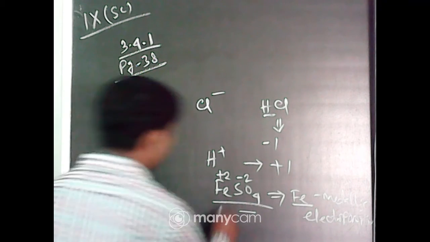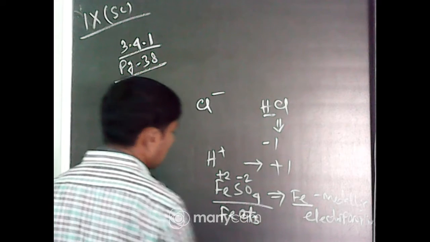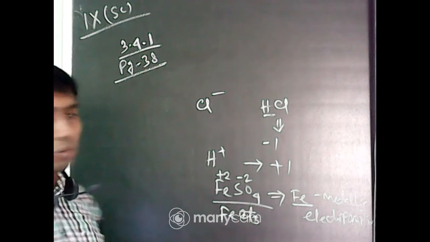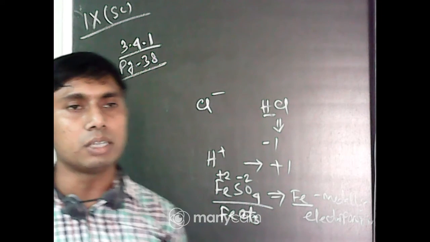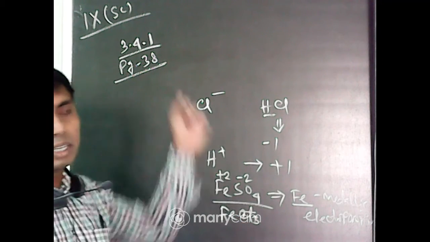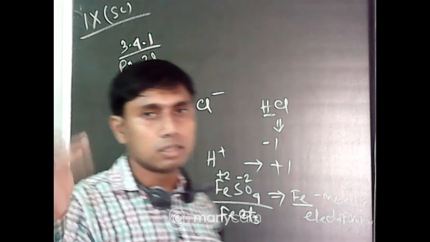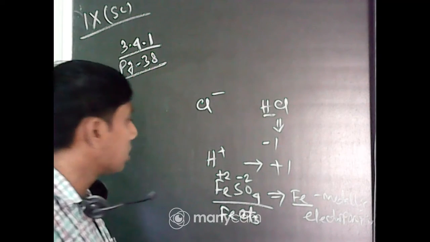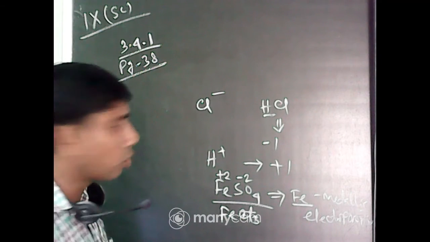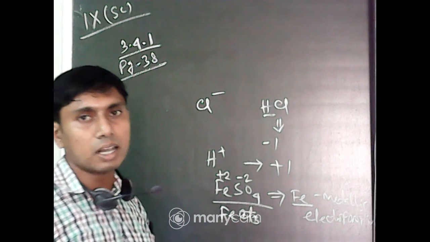Just for example, ferric chloride, FeCl3. Those who have the concept of the periodic table can see that the chlorine atom is in group 17, at the right column, which is electronegative, and iron is a metal and takes the positive character.